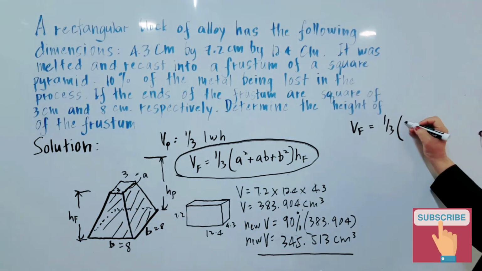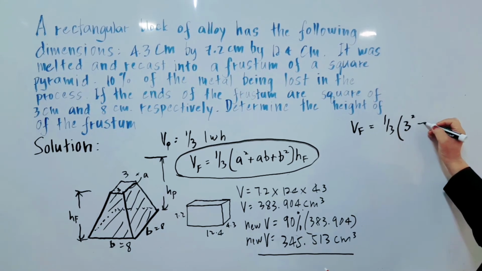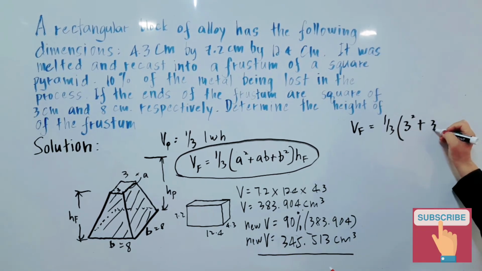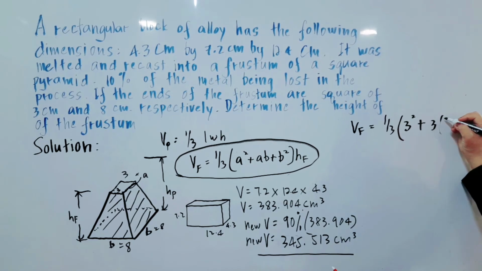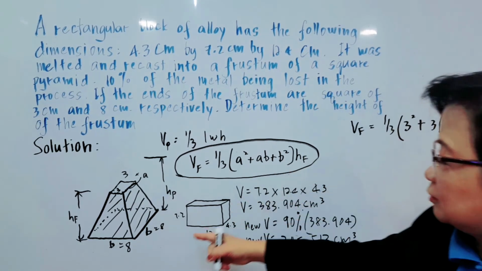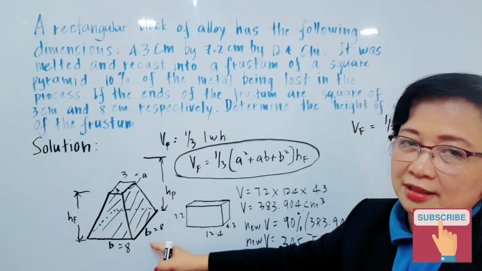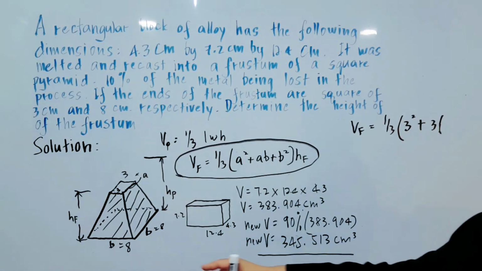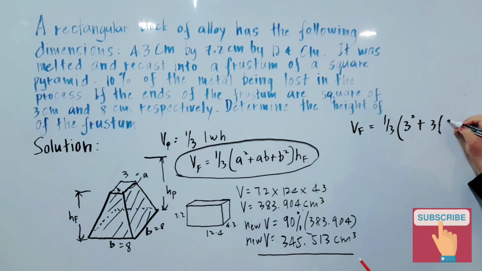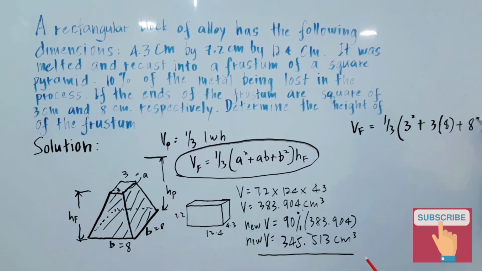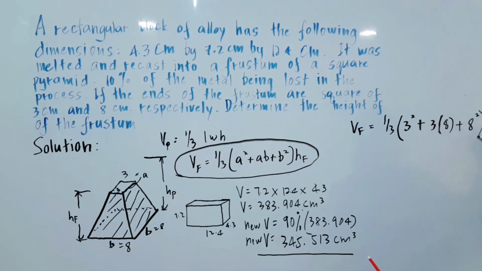So 3 squared plus A, which is 3, times B. The B is this one down, the bottom dimension of the frustum, which is 8 by 8, because it is a square. So 8, plus B squared, which is 8 squared, times the height of the frustum.